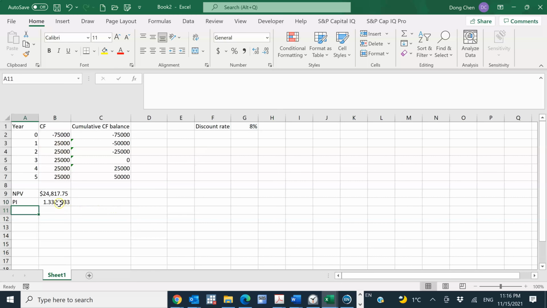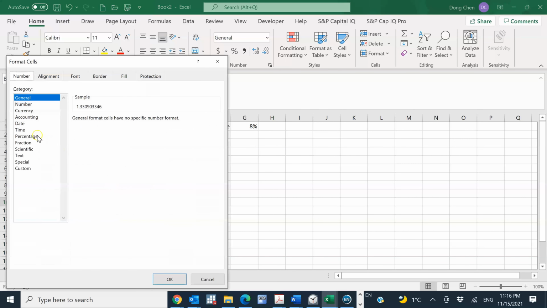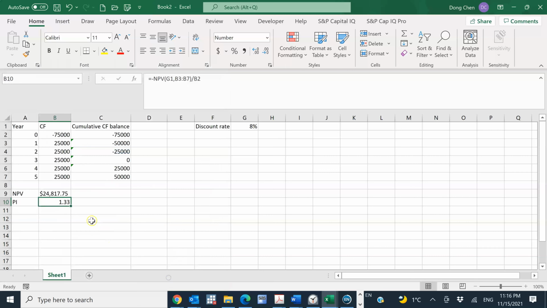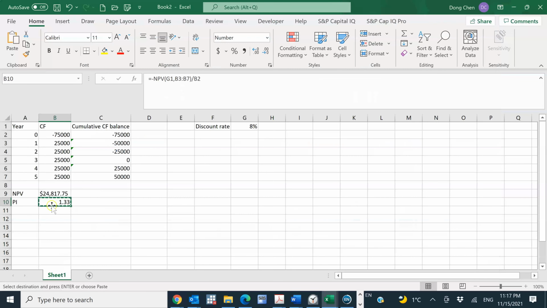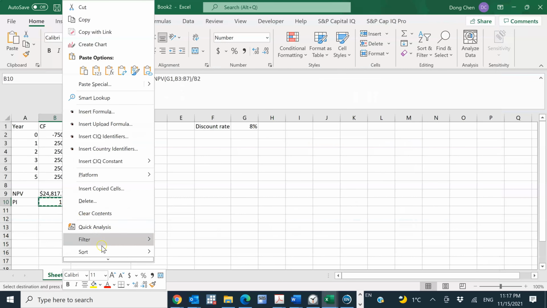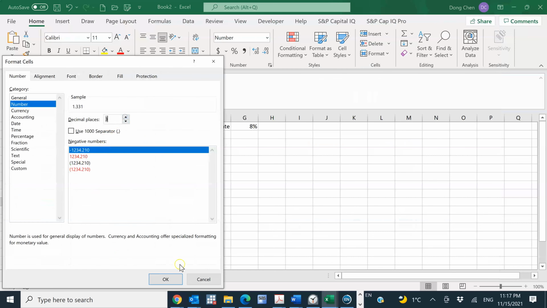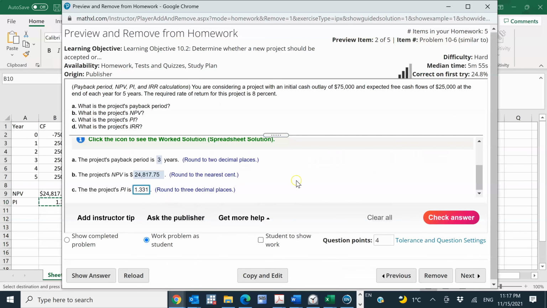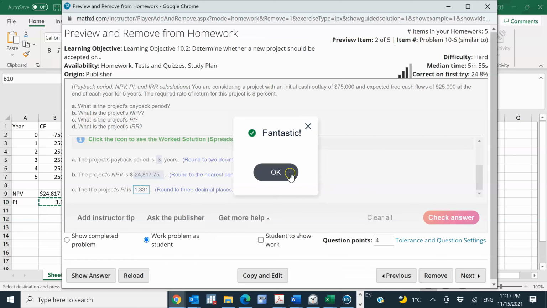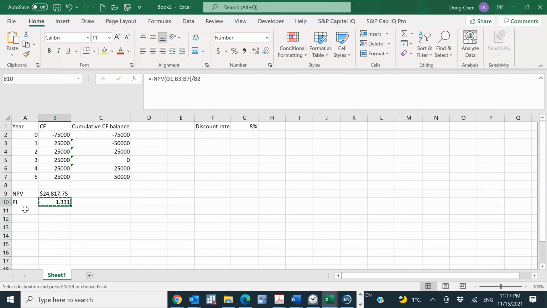And this will give me, if I keep 2 decimal places, I think that's what it requires, 1.33. Right, so it's actually round to 3 decimal places. So it's always a good habit to check the rounding requirement. So this will be 1.331.